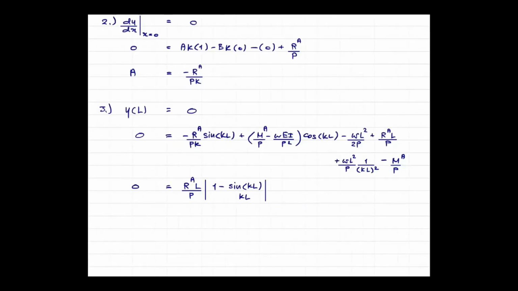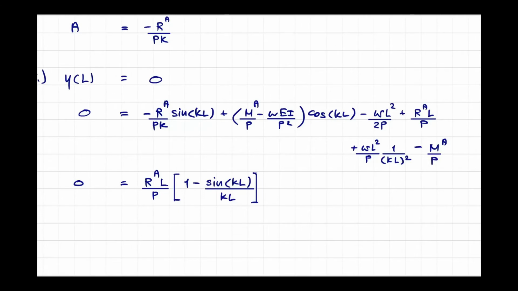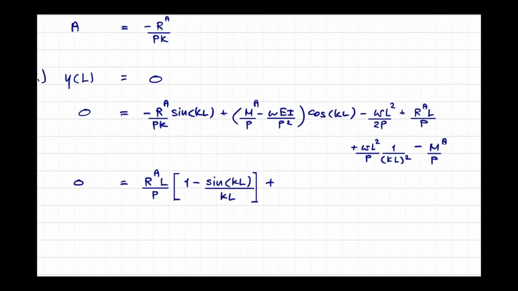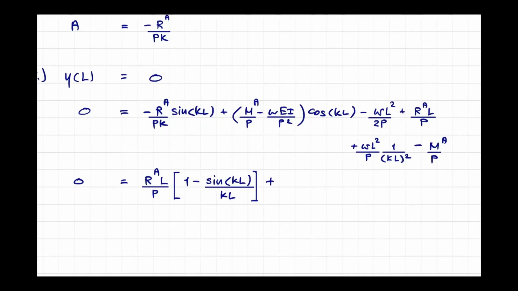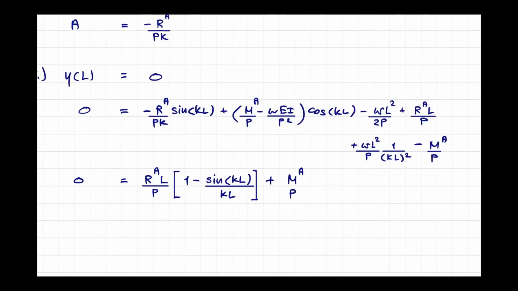Okay, so RA, well, we have only 2 RA terms. Plus the MA over P. So the MA over P, the first one is cosine KL minus 1. That's all.